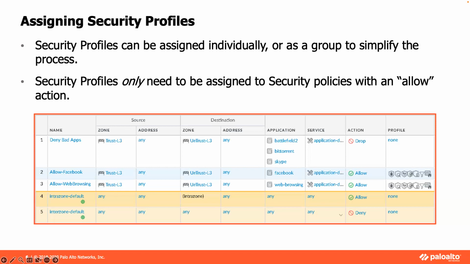But you can either take these individual profiles like, hey, I've got this antivirus security profile, I've got this anti-spyware profile, I've got this WildFire profile, and I want to add those to my security policy rules. And you could add the different protections individually. You also have the ability to group those together in a security profile group, and add those to different rules.